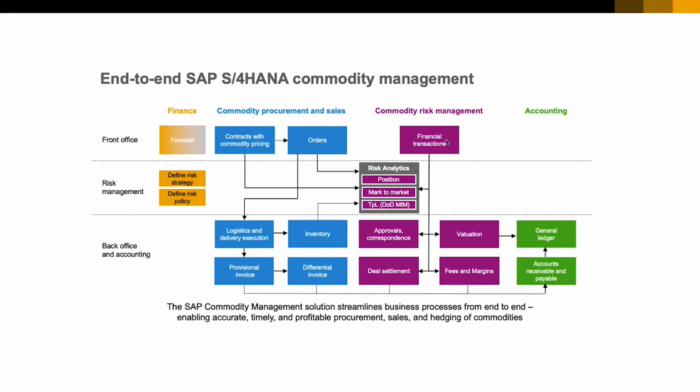And finally, at the end of the day, it's not just about risk reporting, but you would also need to account for all these changes, right? In terms of financial derivatives, the system is able to calculate and post the mark-to-market values. And if a position is closing out, you can even post realized gains and losses.